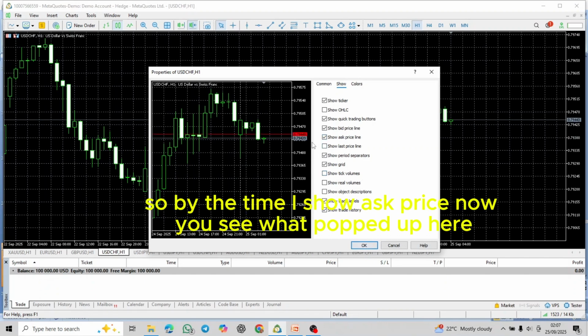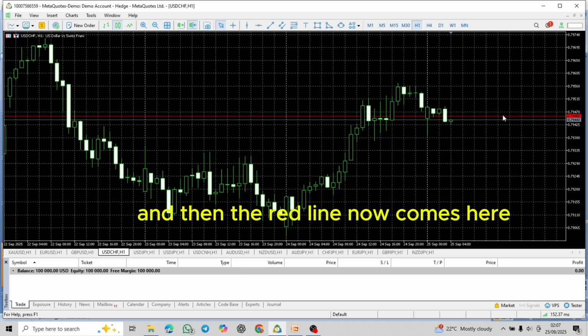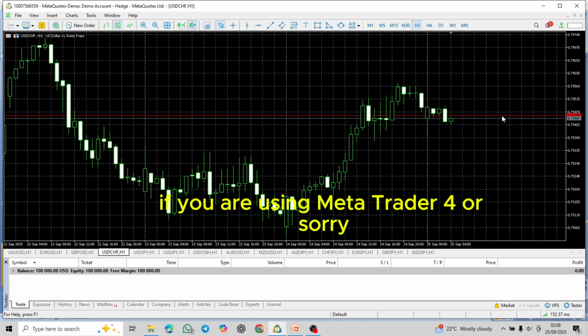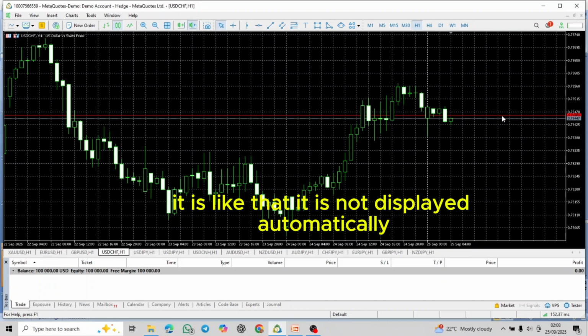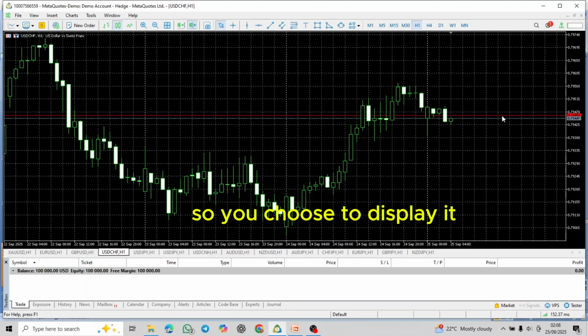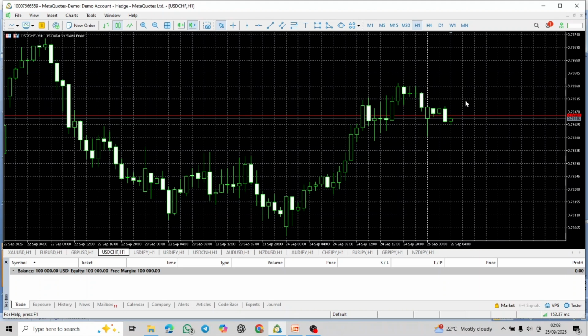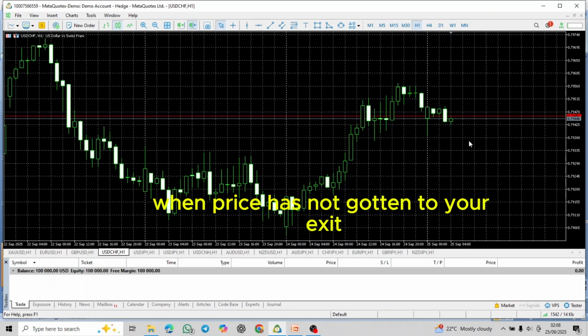By the time I show ask price now, you see what popped up here, this red line. Usually the ask line is not displayed on the chart if you are using MetaTrader 5. Also MetaTrader 4, it is like that. It is not displayed automatically, so you choose to display it. At times you are taken into the market when the price has not gotten to your entry, or taken out of the market when price has not gotten to your exit.